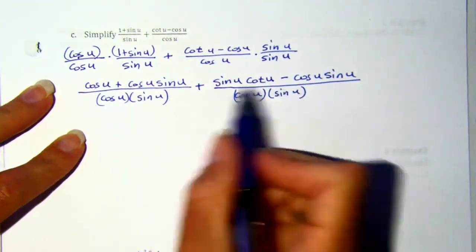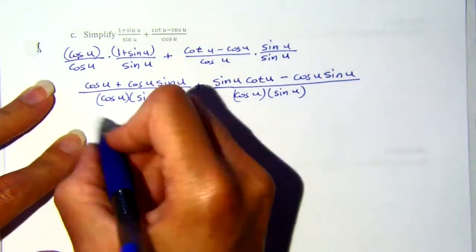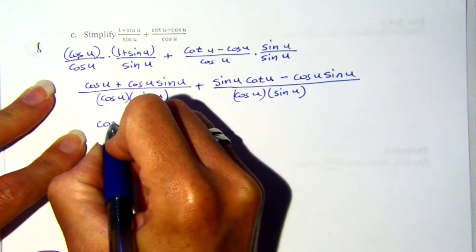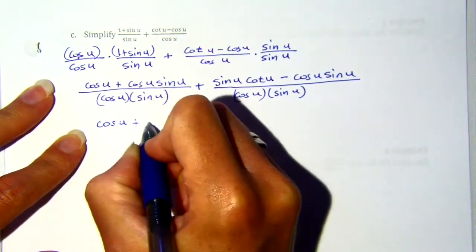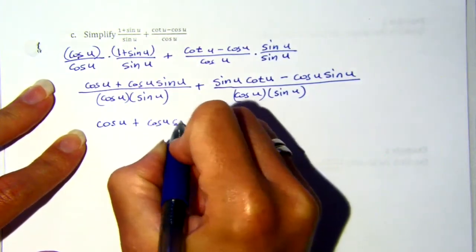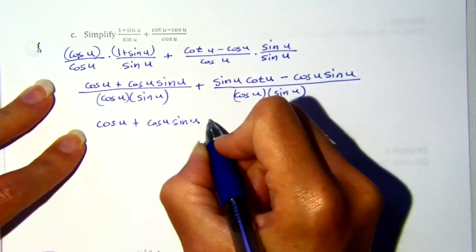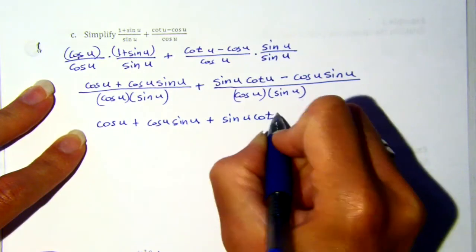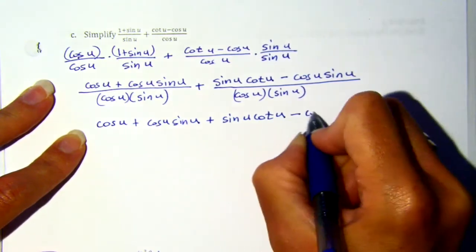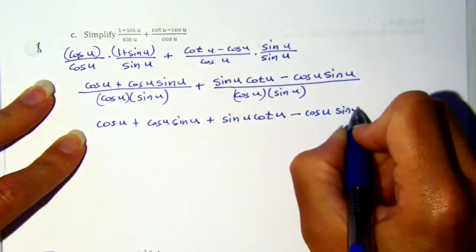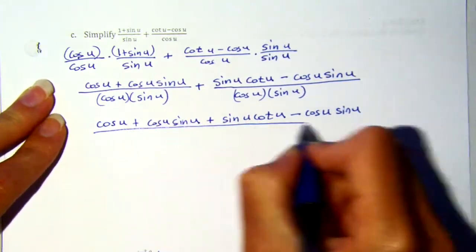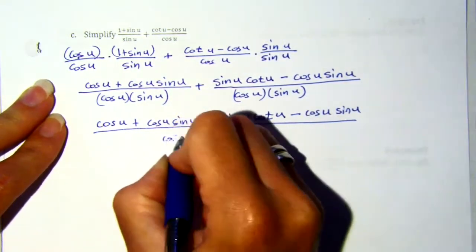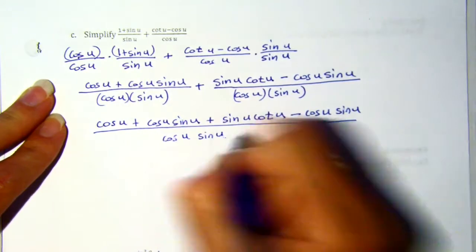When we add fractions, we add straight across the top. So we will have cosine of u plus the cosine of u times the sine of u plus the sine of u times the cotangent of u minus the cosine of u times the sine of u, all divided by the cosine of u times the sine of u.